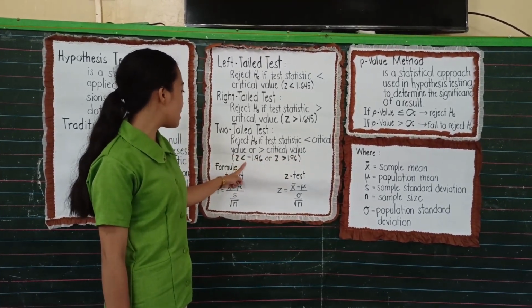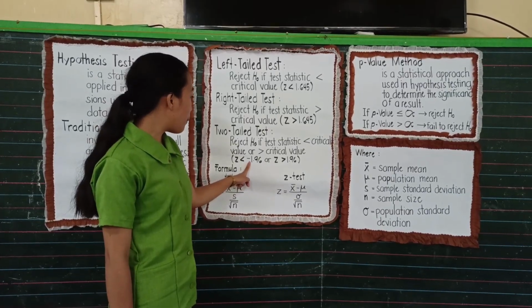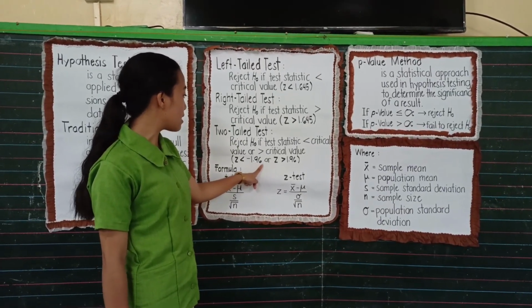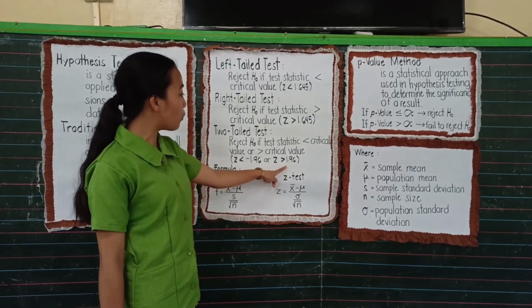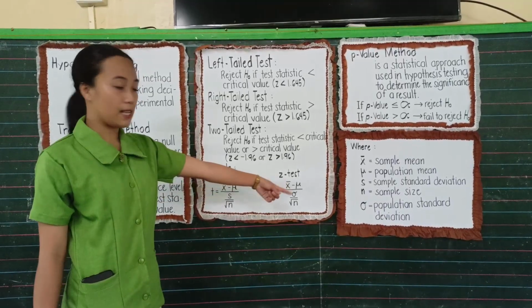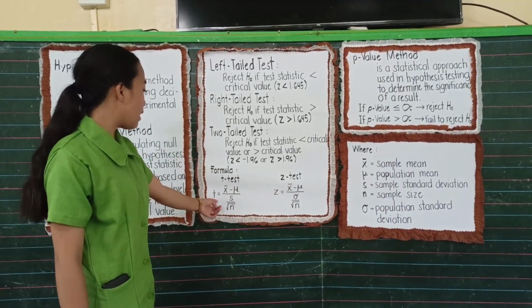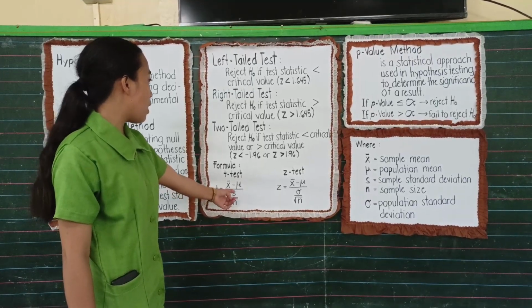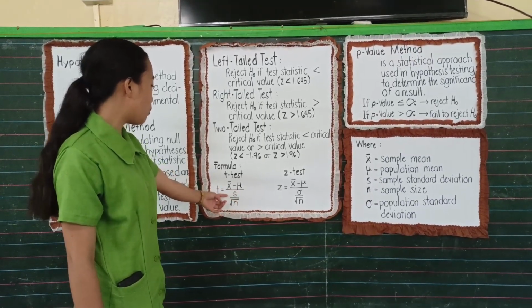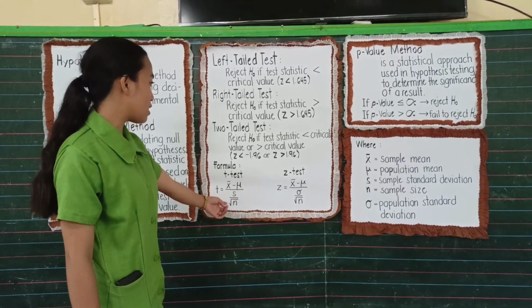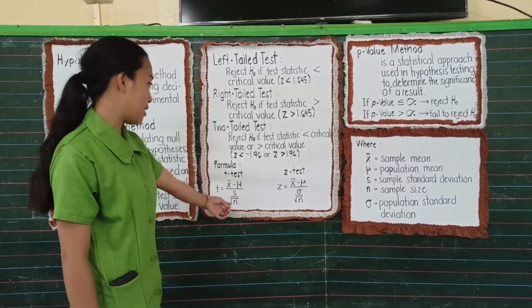Z less than negative 1.96 or Z greater than 1.96. We have two formulas, the t-test and the z-test. The t-test is equal to the sample mean minus the population mean over the sample standard deviation divided by the square root of the sample size.